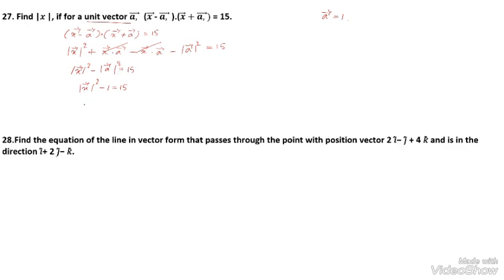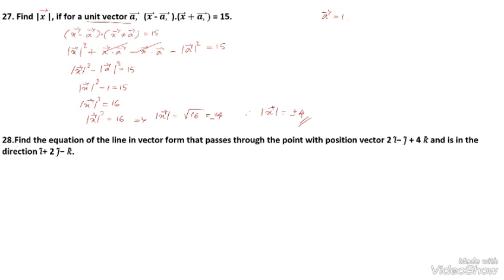I can take minus 1 to the right side. It becomes positive, that is 16. So I can write magnitude of vector x squared is equal to 16. We want the magnitude of the vector, so taking the root, root 16 becomes 4, plus or minus 4. Therefore, magnitude of vector x is equal to 4. This is the solution of the given problem.